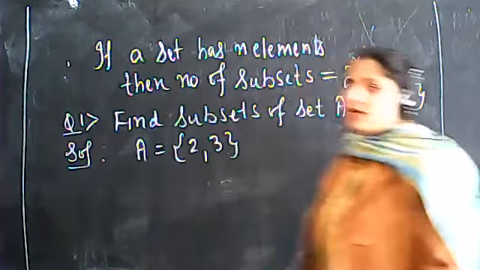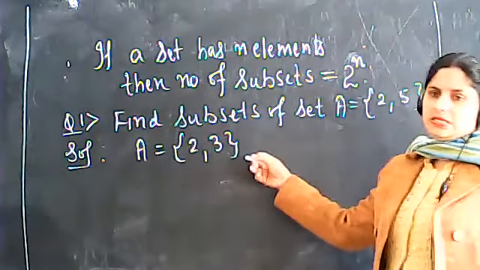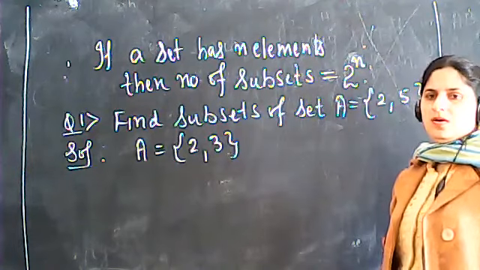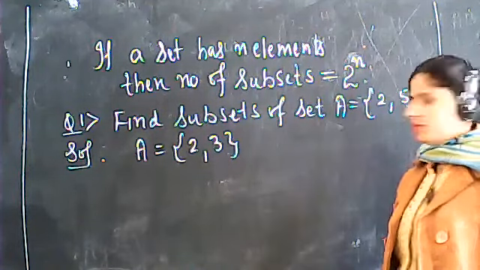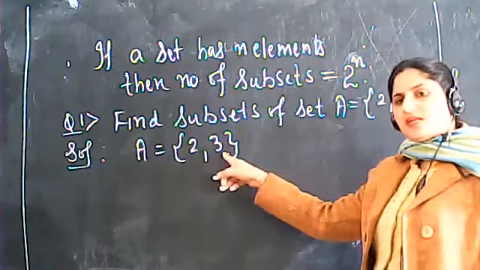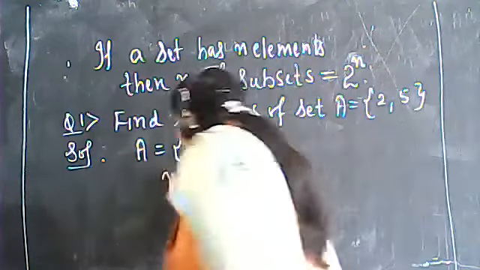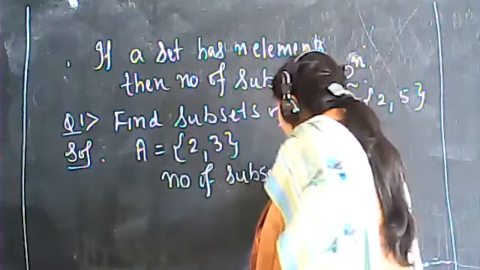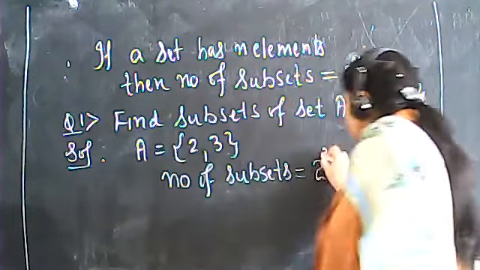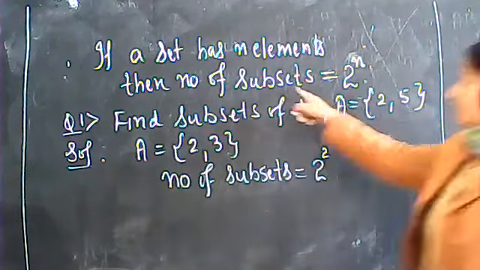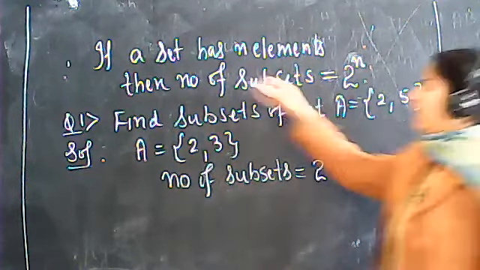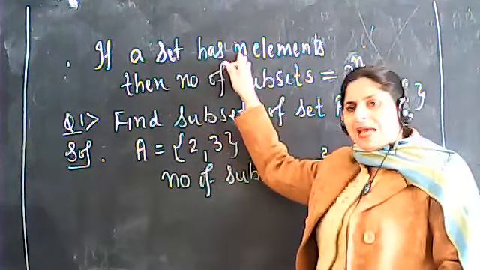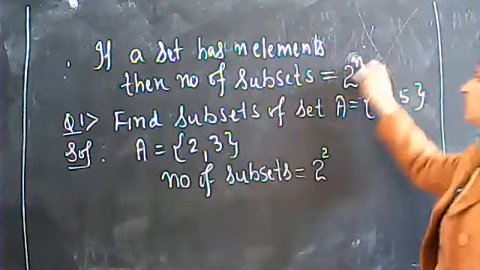What will be the number of subsets for this set? 4. How many elements are present in it? Only 2 elements. So number of subsets is equal to 2 raised to power 2. This is the formula. Recently we have discussed this formula. If a set has total n elements, the number of subsets will be 2 raised to power n.